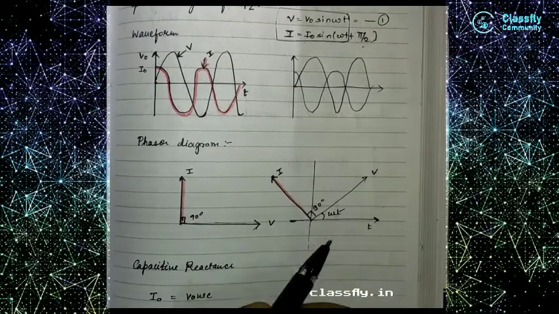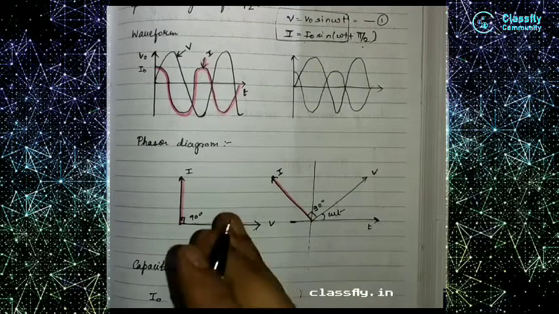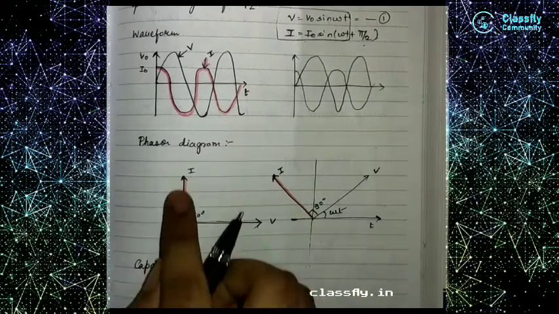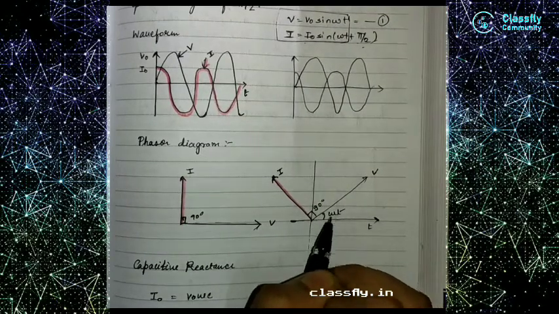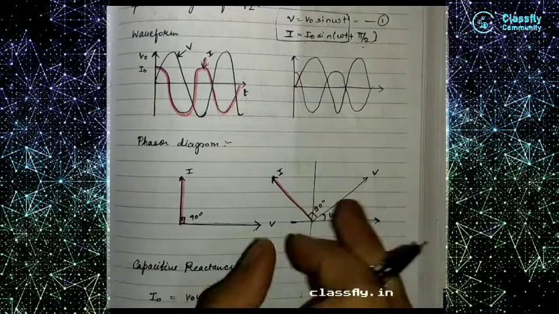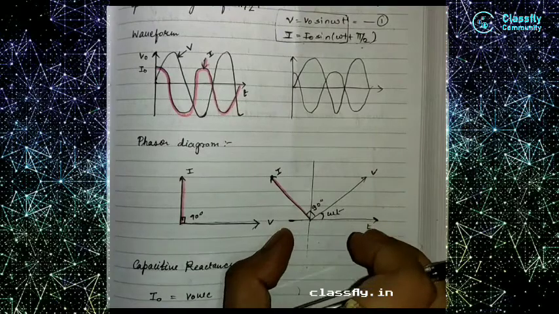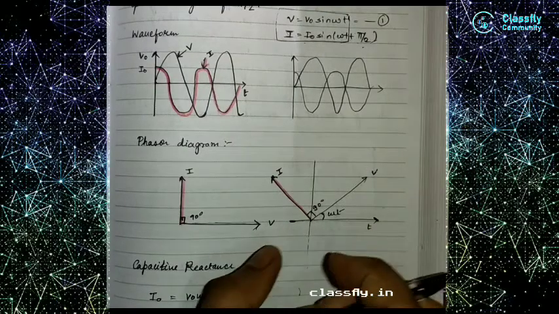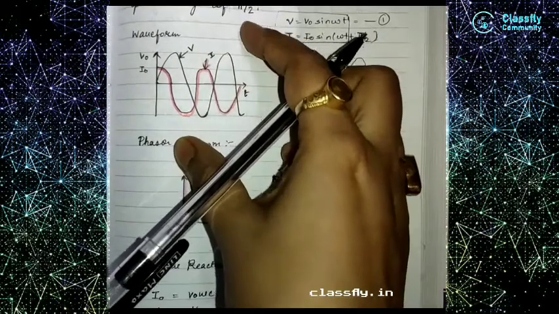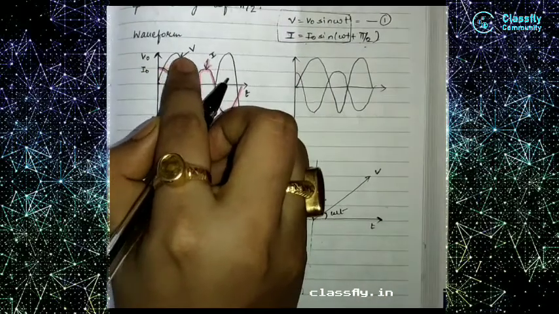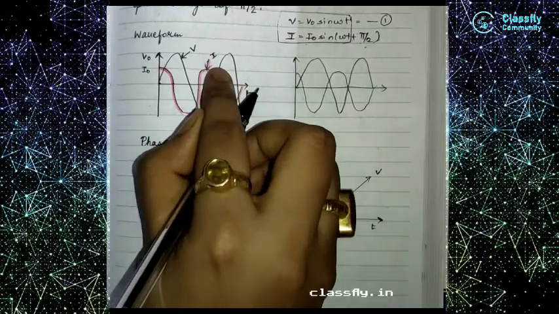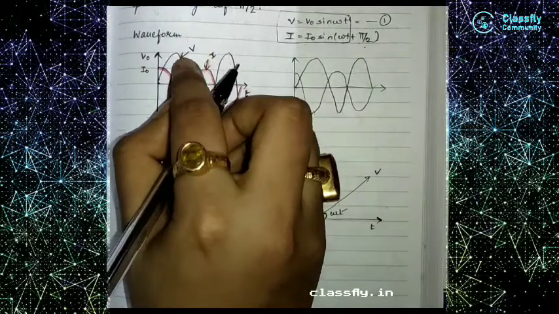For any instant of time, you can tilt this one like this, and you can call this angle omega t. Okay, so this is the waveform. Our I naught will be this, and this is the current and this is V.